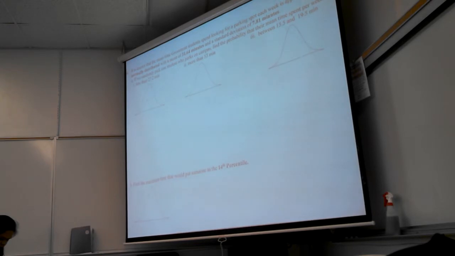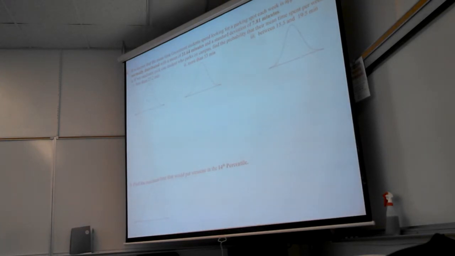Since you already have the mu, the standard deviation, and x, you do 27.2 minus 31.64 divided by 7.81, and the answer you get would be negative 0.57. Then you would just go to the z chart and look for that area that's represented.